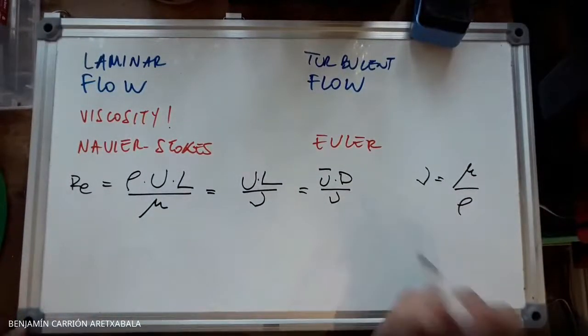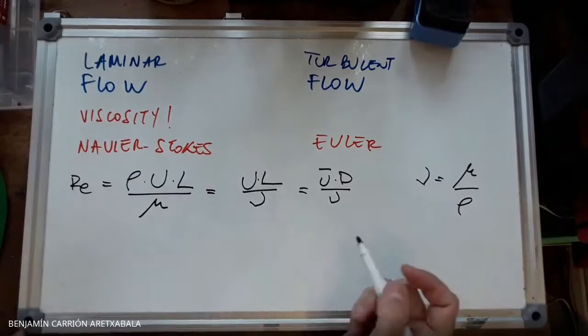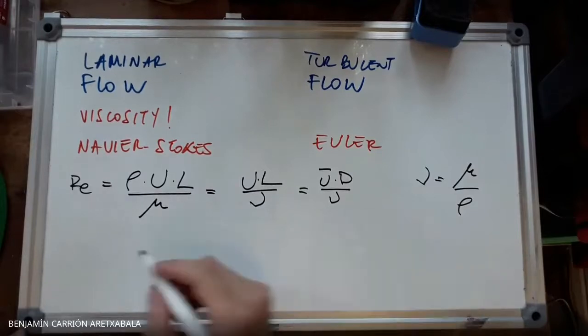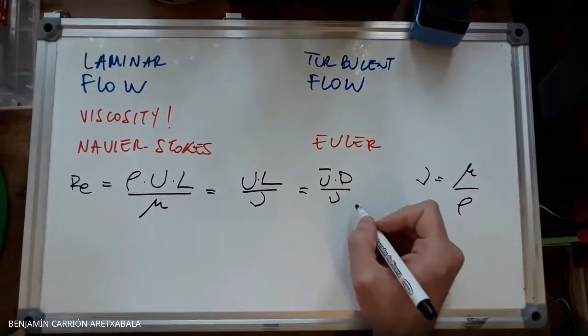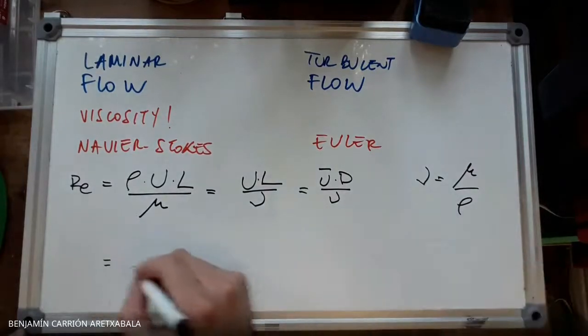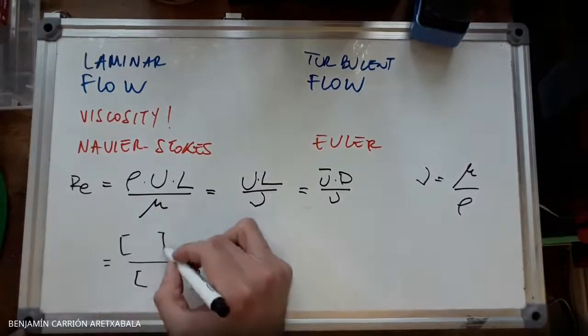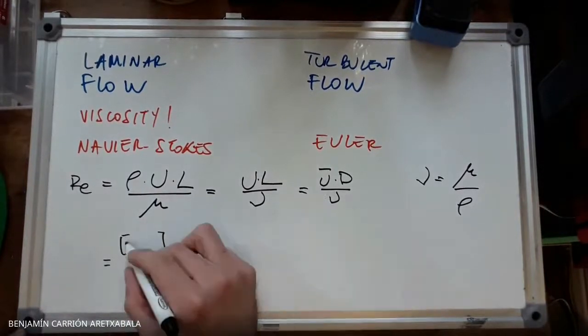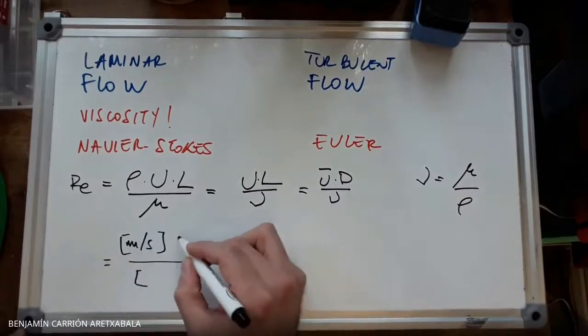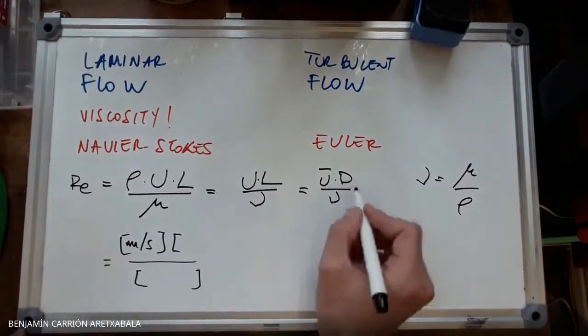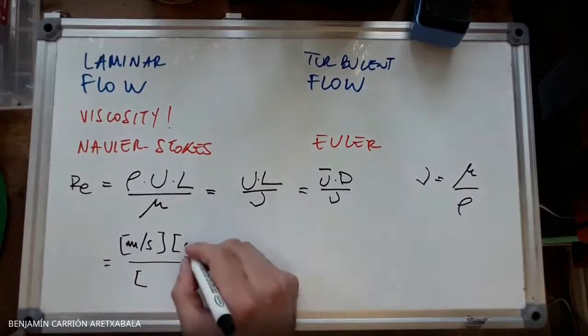Now you can do a very easy estimate of the value of Reynolds. First, you can see that this has to be non-dimensional, right? So do you recall the units of nu? Well, the units of velocity are meters per second, and the units of the diameter are meters.